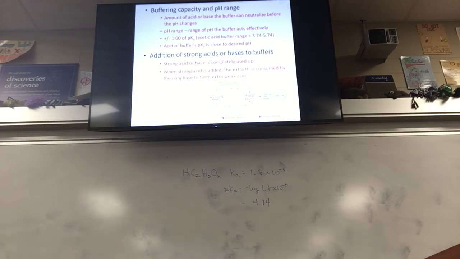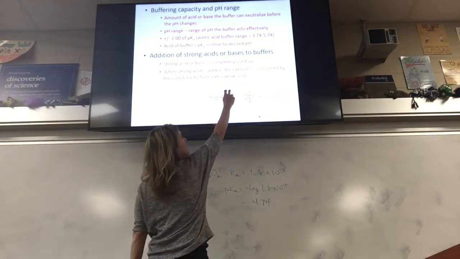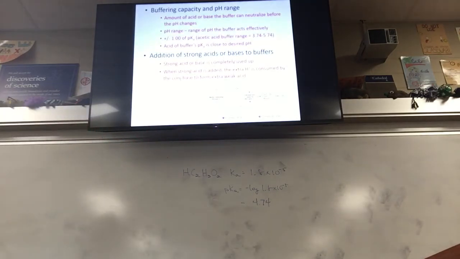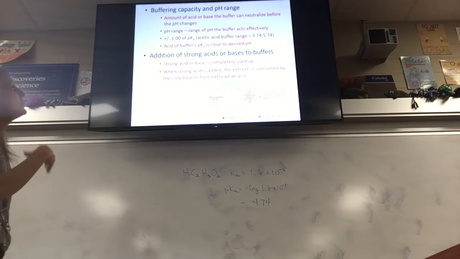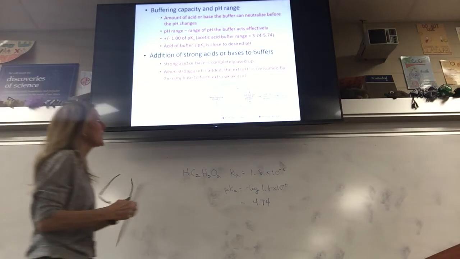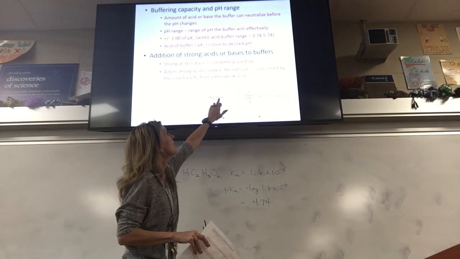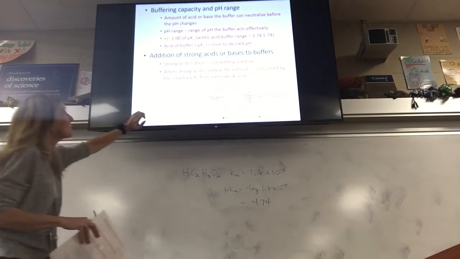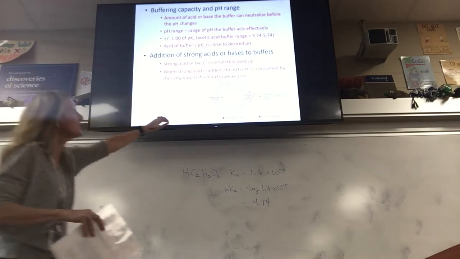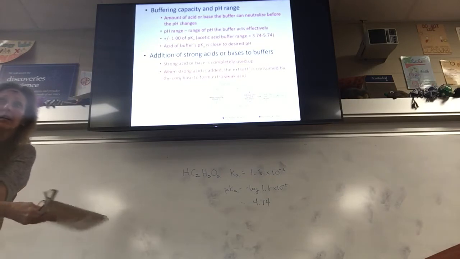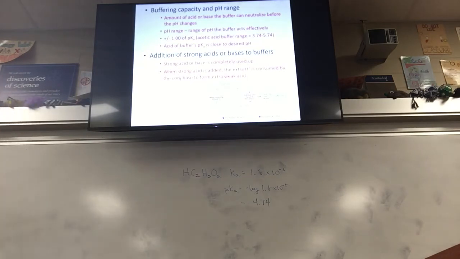So if we add a strong acid, like this part of the diagram showing we're adding a strong acid to the buffer solution, the extra hydrogen ion, because this completely dissociates since it's strong, reacts with the conjugate base to just form more of the weak acid. So again, it's not going to change its pH.